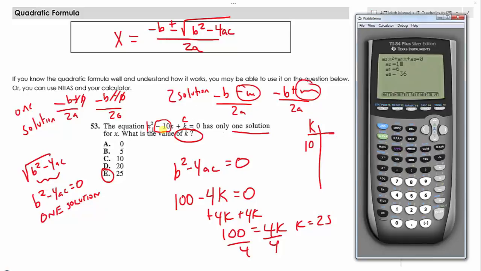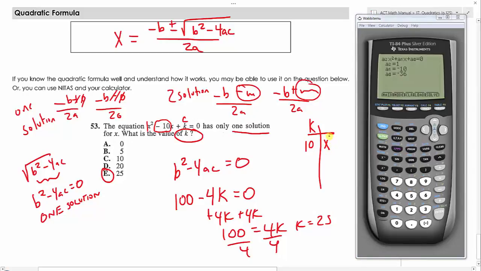a2, which is the coefficient in front of the x squared, it's my a in ax squared plus bx plus c. So that's a 1. The next one is -10. And since I'm throwing in answer choice C, which is 10, and that's going in for k over here. So my quadratic, I should write this down so you know what I am doing, right?